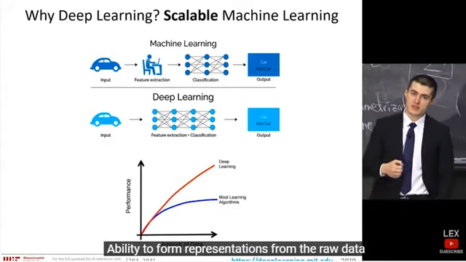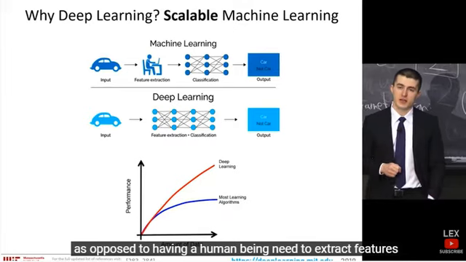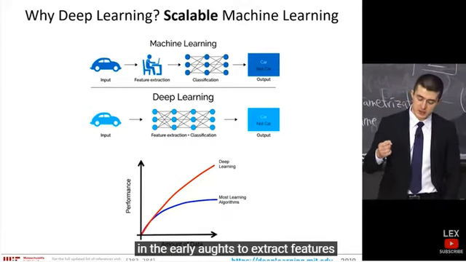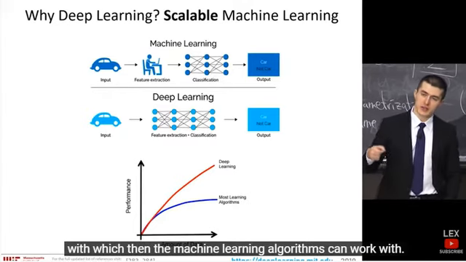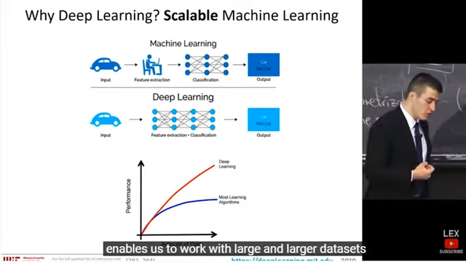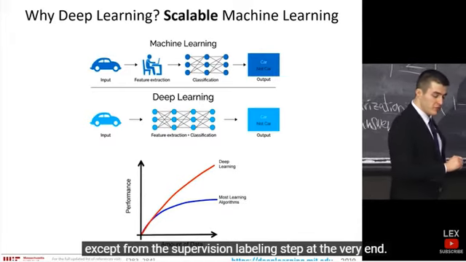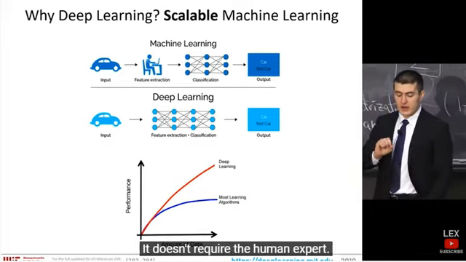It's the ability to form representations from the raw data, as opposed to having a human being extract features, as was done in the 80s and 90s and the early aughts, with which the machine learning algorithms can then work. The automated extraction of features enables us to work with larger and larger data sets, removing the human completely, except from the supervision labeling step at the very end. It doesn't require the human expert.